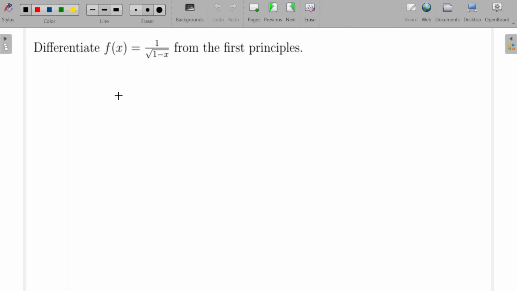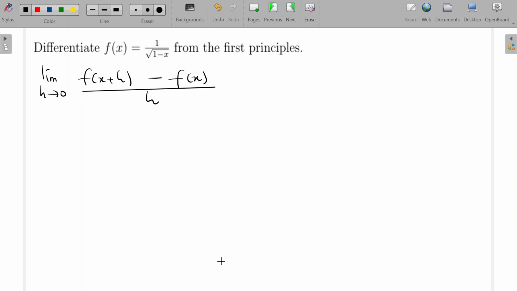The first principle is solved by the formula: limit as h approaches 0 of f of x plus h minus f of x, over h.